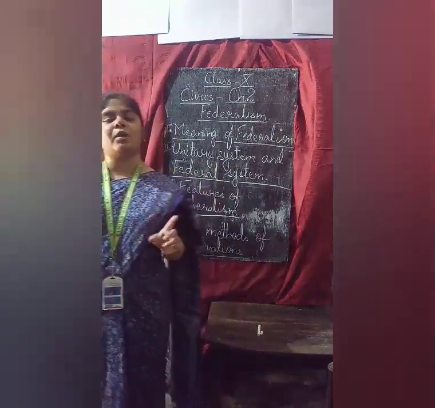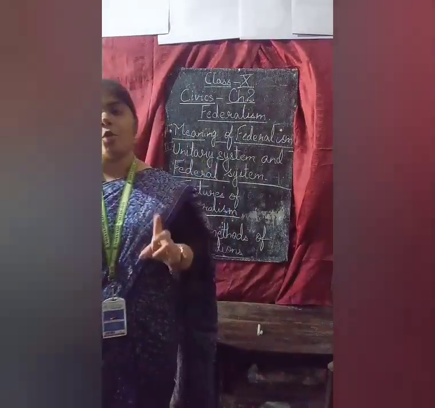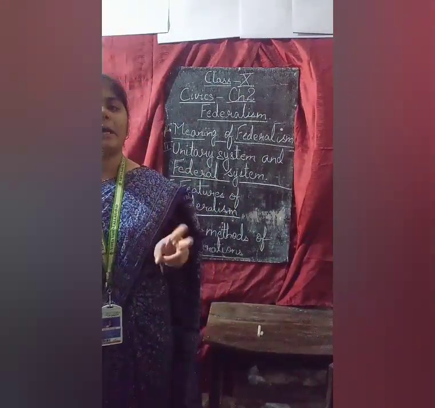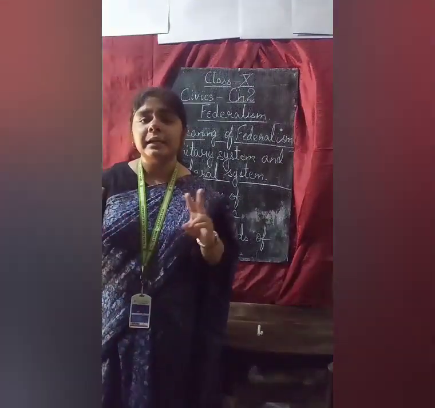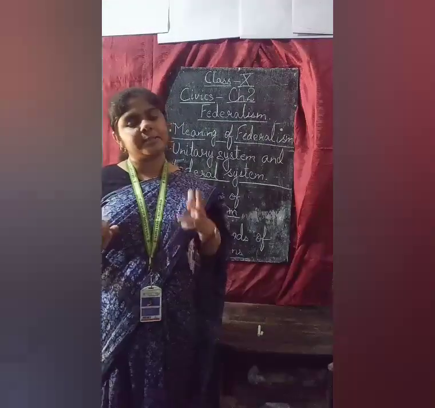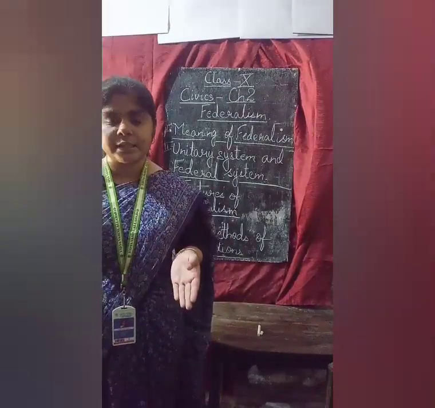And last but not the least, federalism is used to promote two main motives. Those two motives are, first the unity and second the diversity. Fine. Now, how does federalism promote unity as well as diversity?